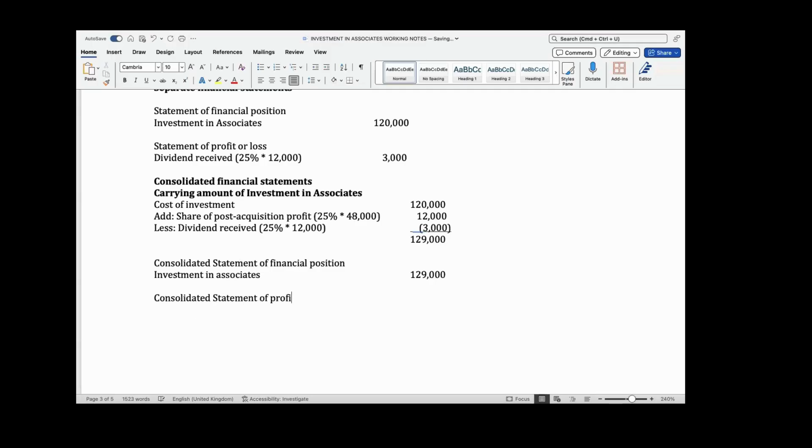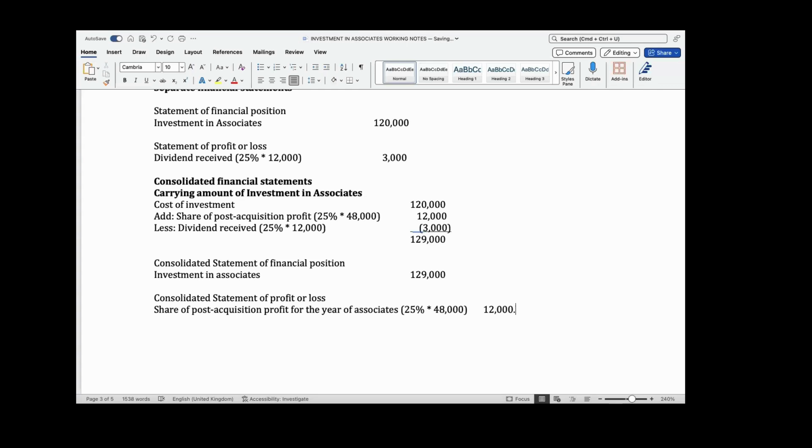Consolidated statement of profits or loss. You have share of post-acquisition profit for the year of associates, which is just 25% times 48,000, which is just 12,000.